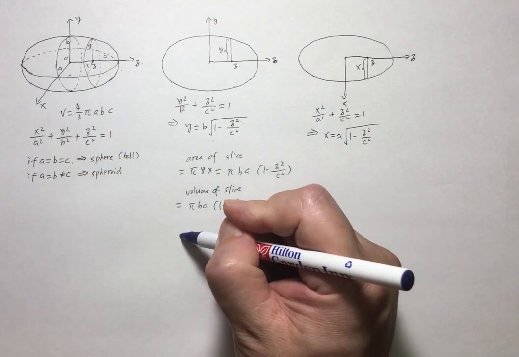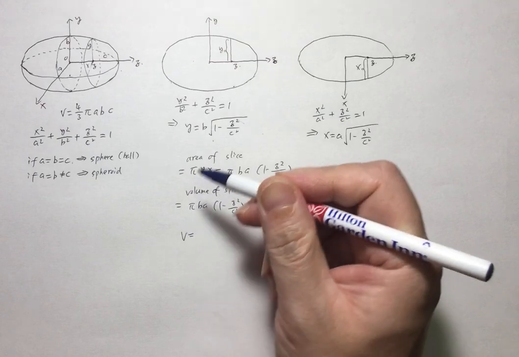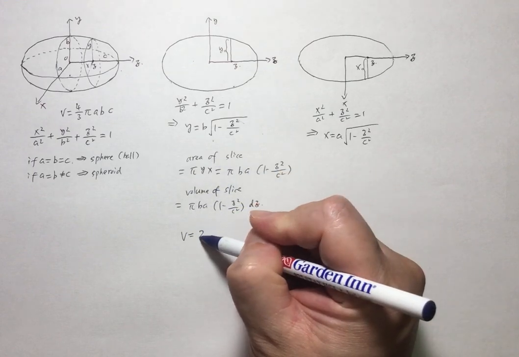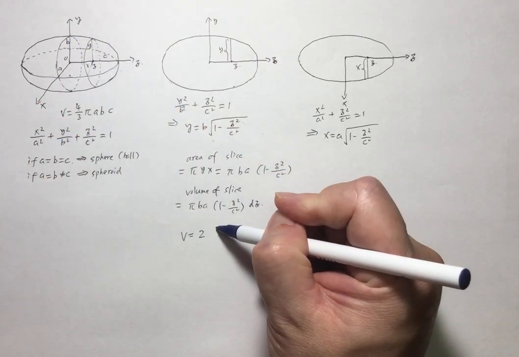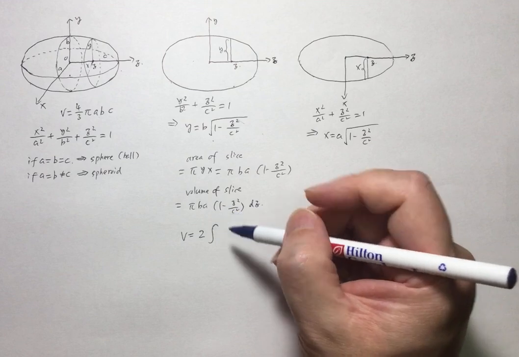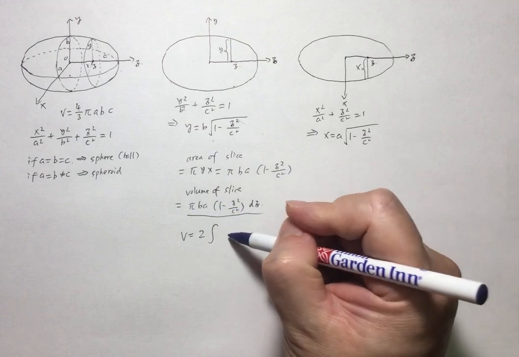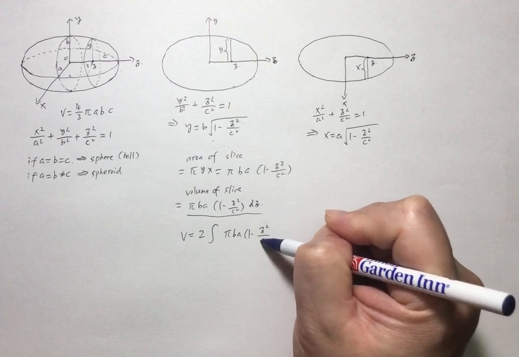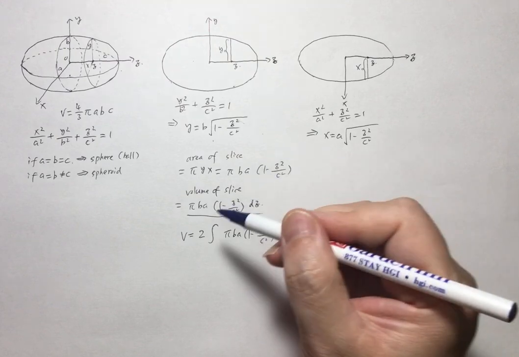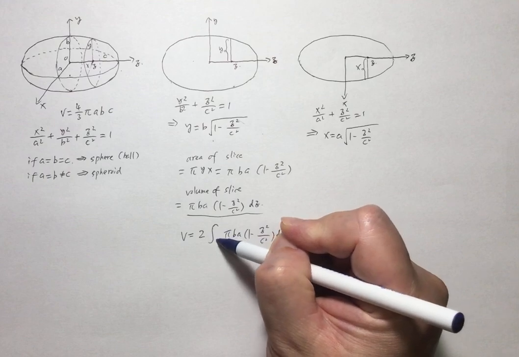So here is the volume of the ellipsoid. We need to add a factor of 2 because we only integrate half of the ellipsoid. So 2, and we add the integration sign here. We write this part here, pi ba, 1 minus z squared over c squared dz. We integrate from 0 to c.